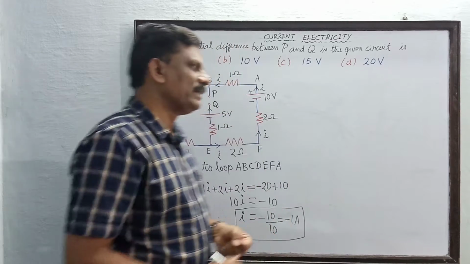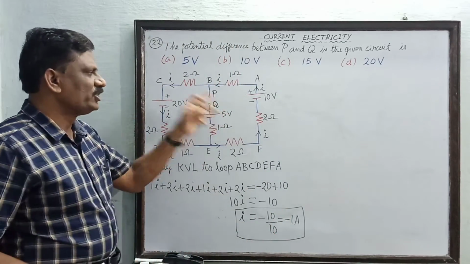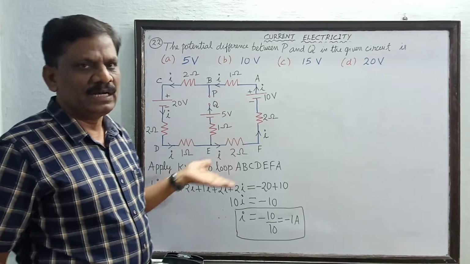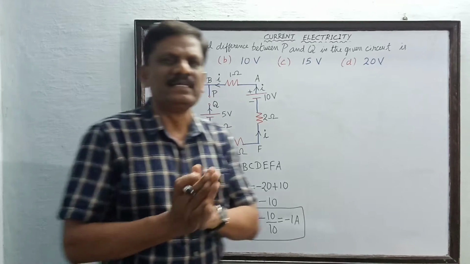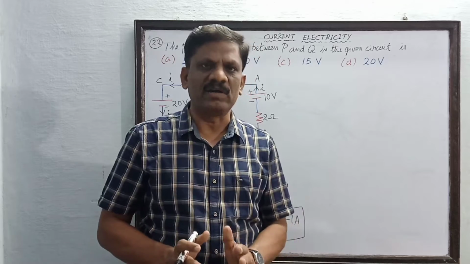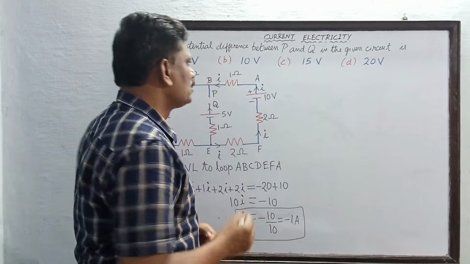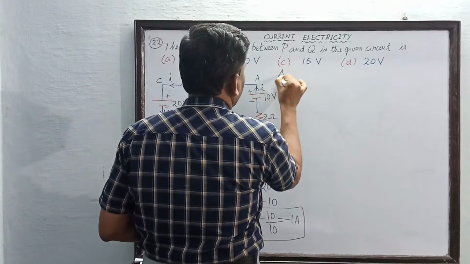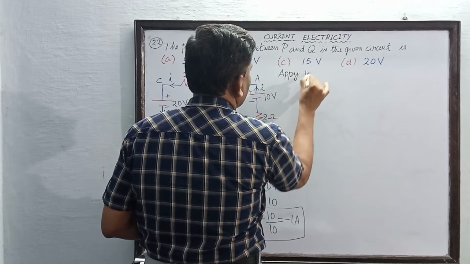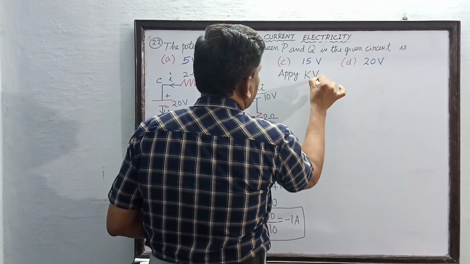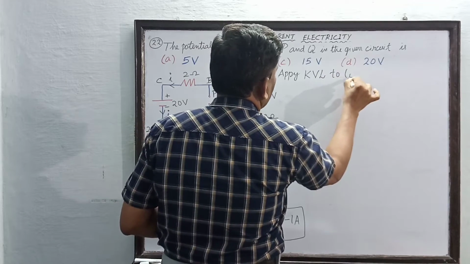Now let us see what is the potential difference between P and Q. For that I will consider the incomplete loop starting from P and ending at Q. I will apply Kirchhoff's voltage law to the loop.